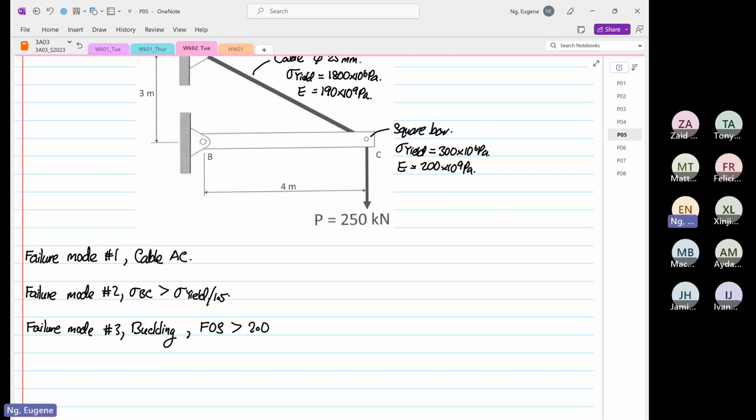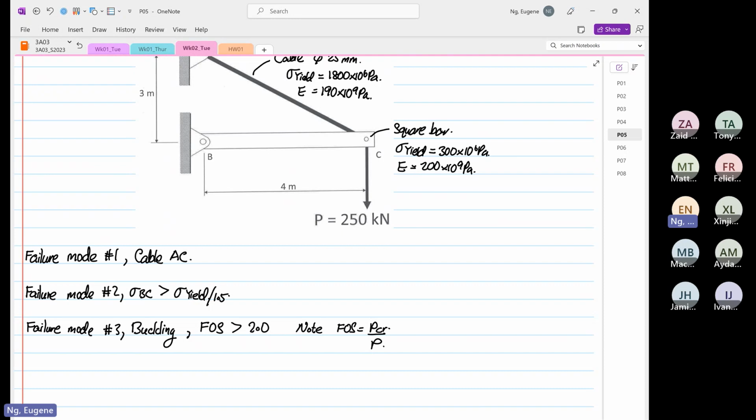So remember the factor of safety is equal to P critical divided by P. Remember? Okay, so we're going to analyze these three modes of failure.